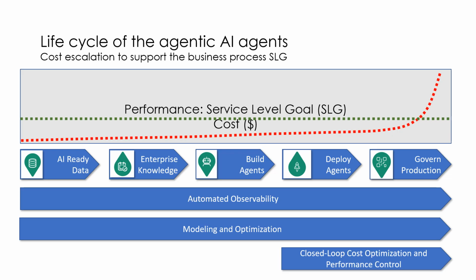The cost of continuously meeting business process service level goals is escalating, and there is a need for automated observability and decision optimization during all phases of an agent lifecycle. And the most important goal is to organize the closed-loop cost optimization and performance control.